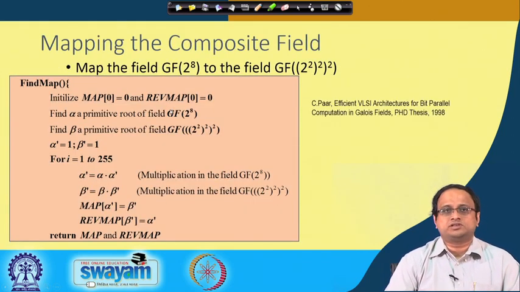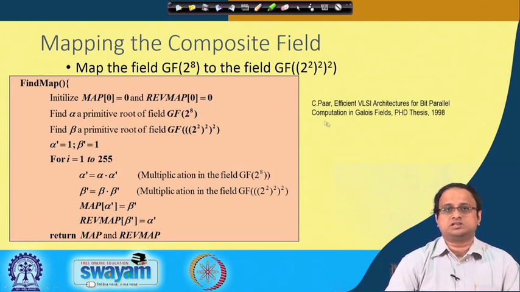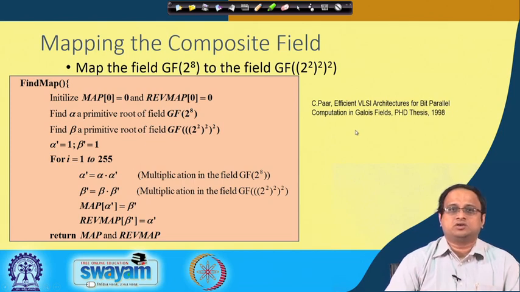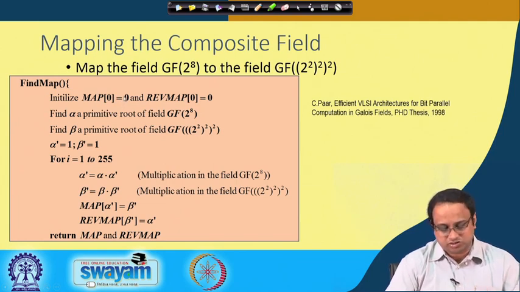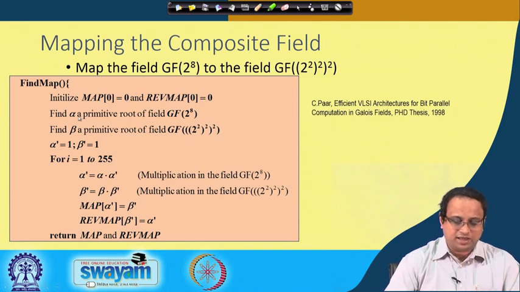So how we transform this element from GF2 to the power of 8 to this composite field, I will not go into details here, because that is what we essentially covered in the last class, but maybe you can go through this thesis, which is a very nice reference for this kind of discussion. And just to remind you, one way of doing that is you map the 0 of GF2 to the power of 8 to the 0 of the composite field, and then find alpha, which is a primitive root of the field GF2 to the power of 8.